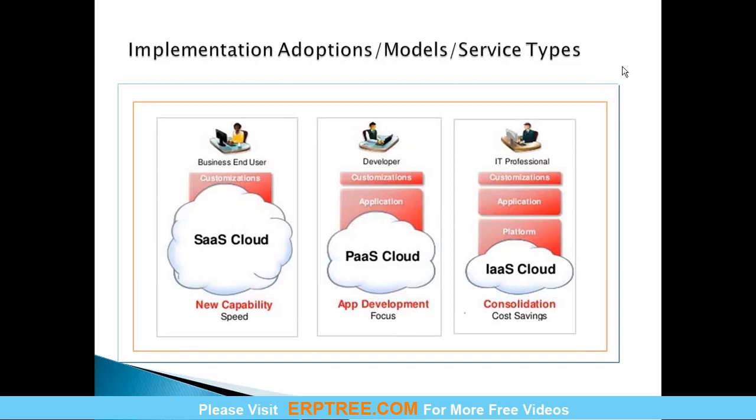Take simple examples, clients like GE, Emerson, these kinds of big clients. If they are going to implement Fusion applications, then if you look into their business process, there will be huge customization needed for any ERP standard product, let them choose Oracle or SAP or anything.